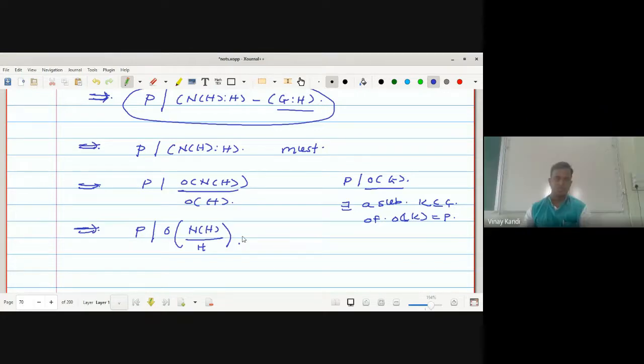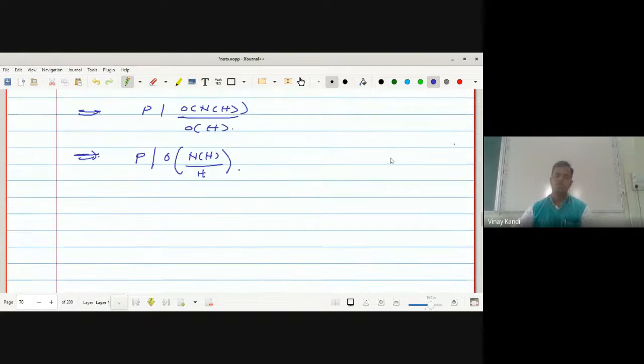Any doubt up to here? No, sir. If p divides the order of a group, then a subgroup of that group exists whose order is p. So using Cauchy's theorem again, there exists, okay, this is the quotient group. Now what is the identity here? H is normal in N(H) always.